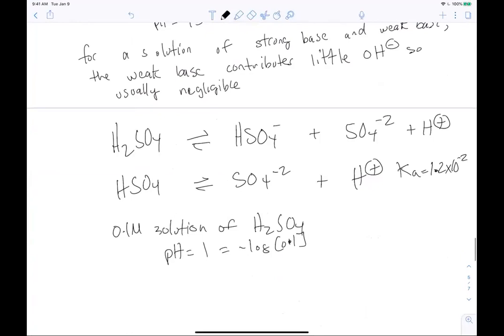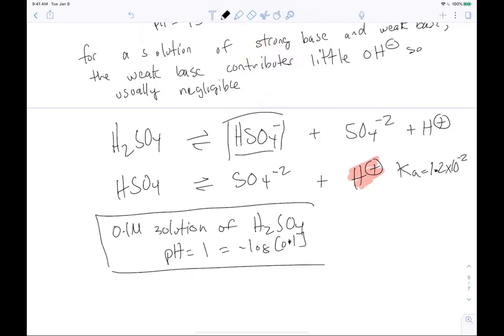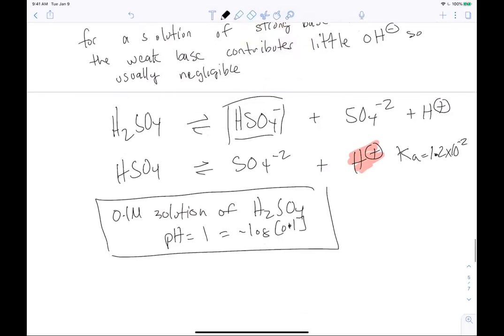So even though you would form some of this from the H2SO4, the amount of H plus that you end up making from it ends up being insignificant. It's another way of saying that if you have a strong acid or a strong base in solution, it tends to just dominate everything.